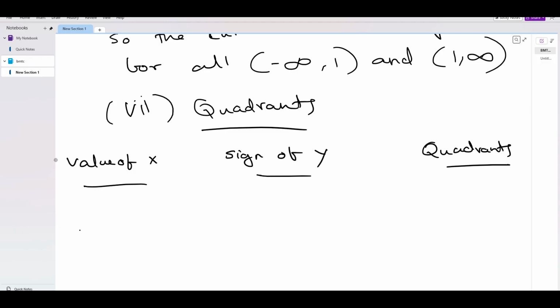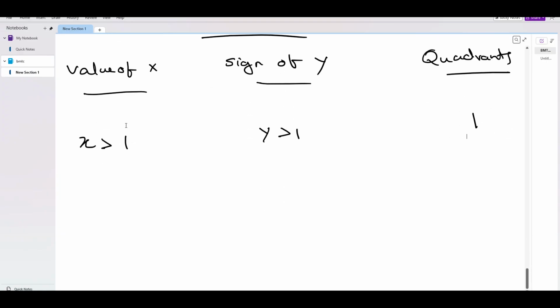Value of x when x is greater than 1, the sign of y will be greater than 0. Quadrant is first quadrant. Next, when x is between 0 and 1, y tends to be negative and it is in the fourth quadrant.